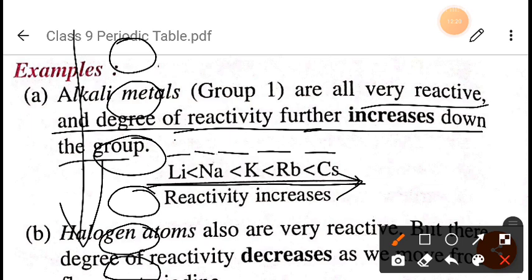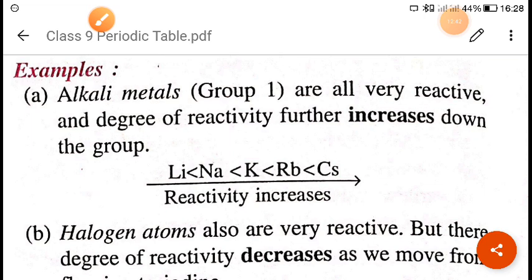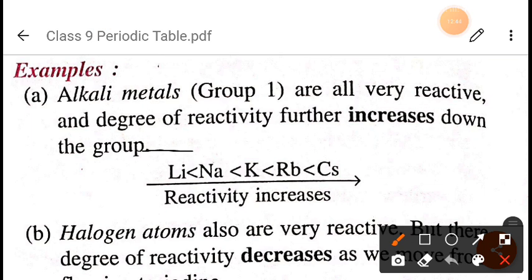Means francium is the most reactive, after that cesium, rubidium, potassium, sodium and lithium, right? So I hope you have understood this. Reactivity will increase as we move down the group. Lithium is less reactive than francium, sodium is less reactive than cesium, potassium is less reactive than francium. Like this, the reactivity will increase as we move down the group, right?